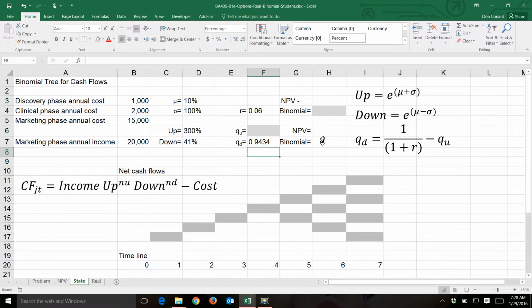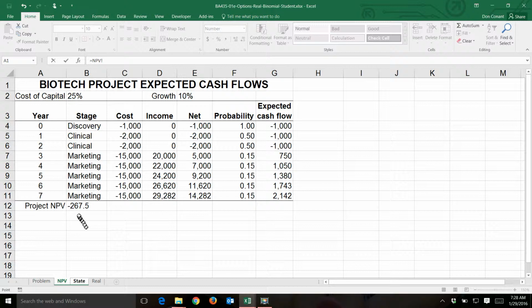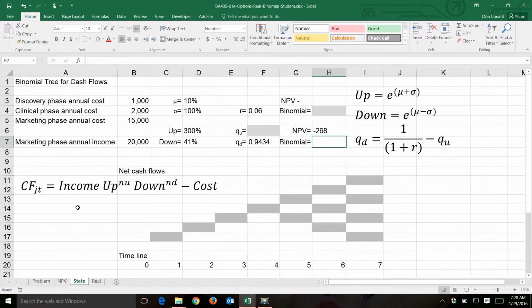The final value that we can enter to complete the data section is the value that we calculated in the previous video, the NPV using the discounted cash flow method. So I'll just equals and point to that and press enter and get that minus $268.